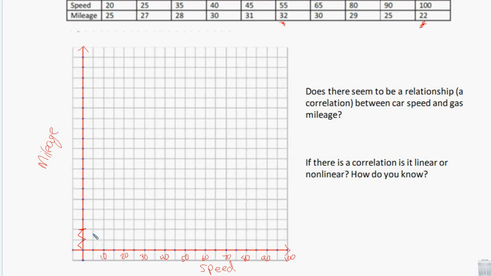And I actually want to start at 20 and then go by ones. And the highest number was a 32, so I'm going to stop at 32.